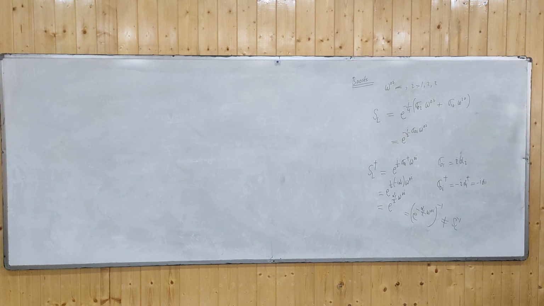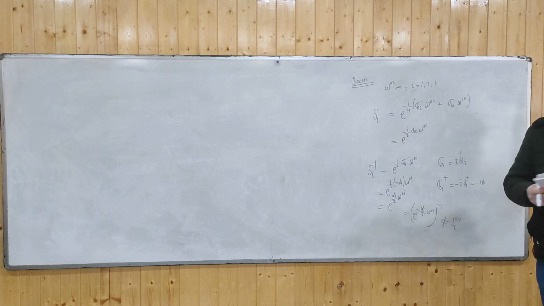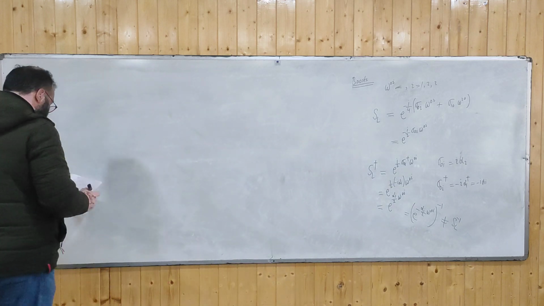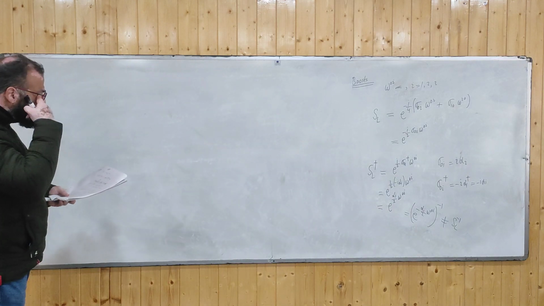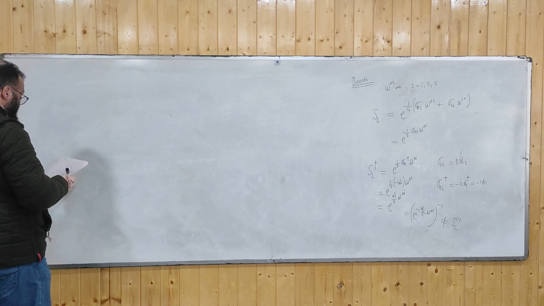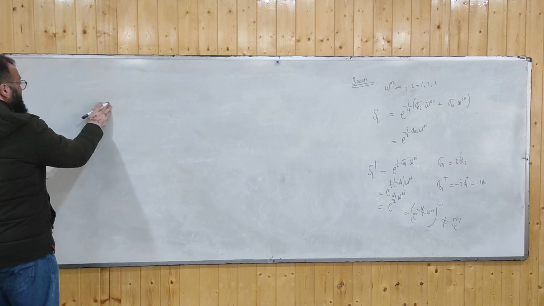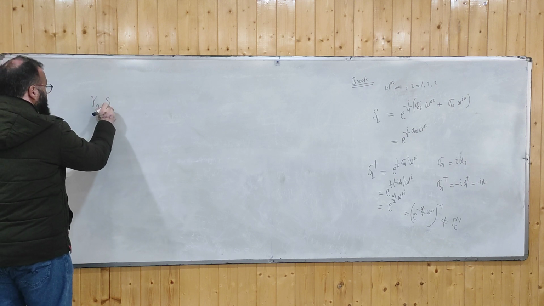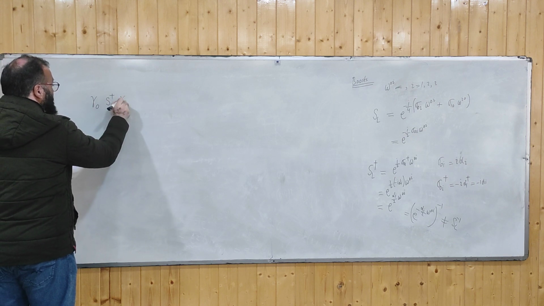Okay. So let's take this object, this gamma 0. Let's write this thing. So let's take gamma 0 SL dagger and gamma 0.